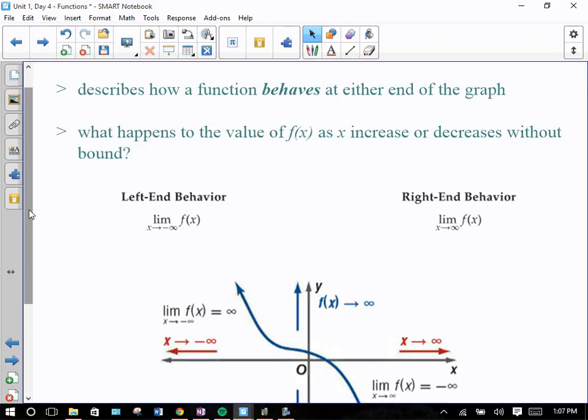So again, our goal here is, no matter what the function is, I want you to be able to tell me what the end behavior is. And there are some nice, easy little tricks: if you can remember some key characteristics of functions, then it's very easy to do.